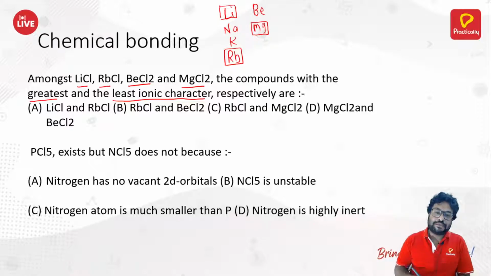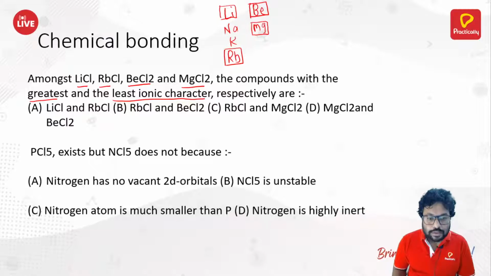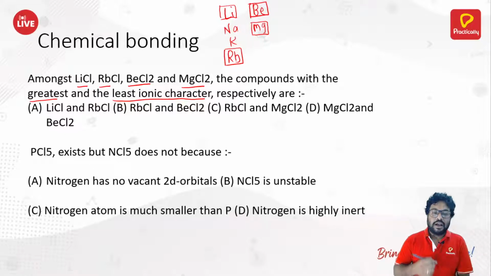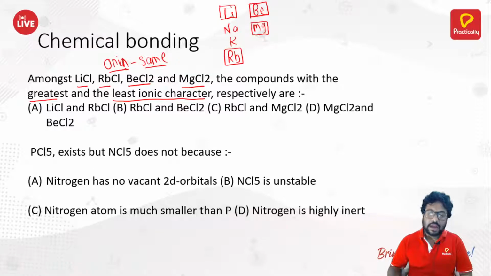Because if you write in this format, it can tell you what the size of your cation is, because the size of the cation will decide here whether it will have more ionic character or less ionic character, because the anion is constant here. In all these cases, the anion is the same. If the anion is the same, it is not going to be the deciding factor.